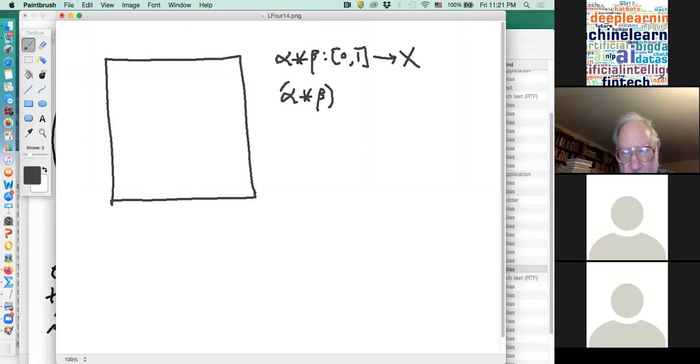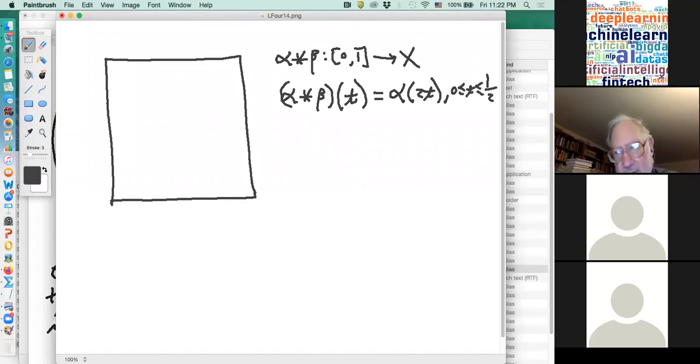I want on the first half of the interval to do alpha. So that's going to be alpha of 2t for 0 less than or equal to t less than or equal to 1/2, right? And that will run alpha. That will run all of alpha from 0 to 1, but it will compress it into the first half of the interval. And then I need to do beta.